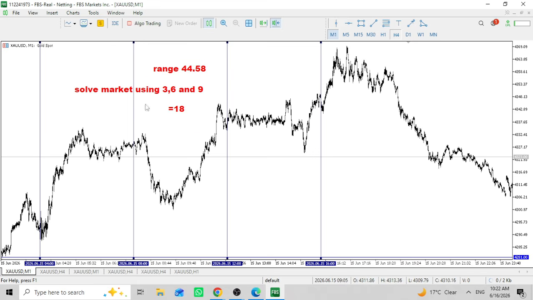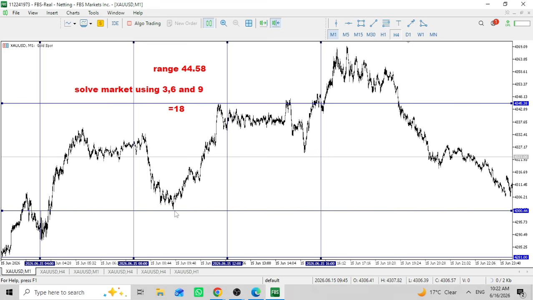Range, meaning the range from this high to this low, I got 44.58 times 10, because for you to know the number of pips gold has moved, you just multiply by 10.